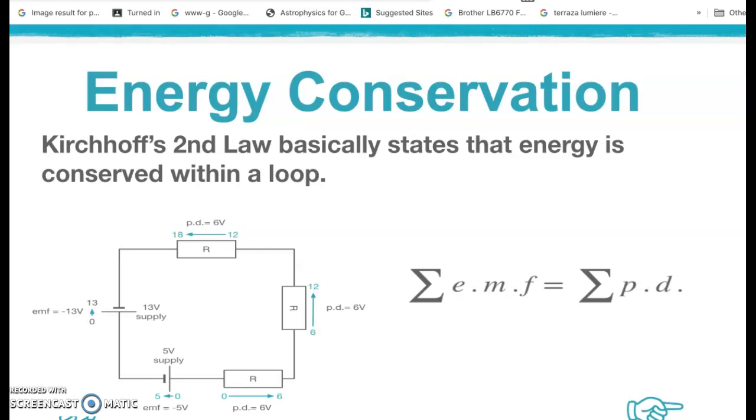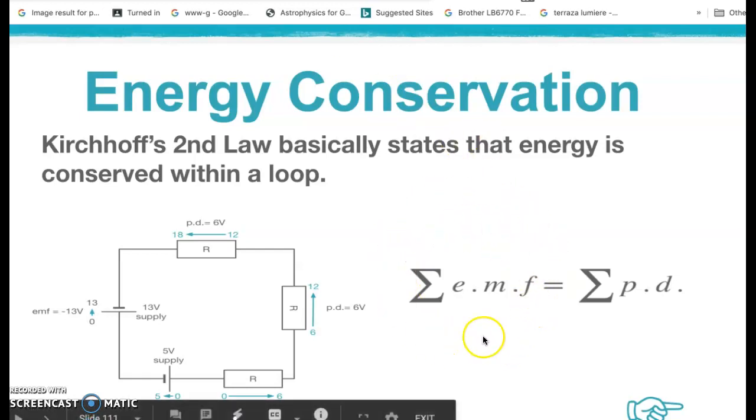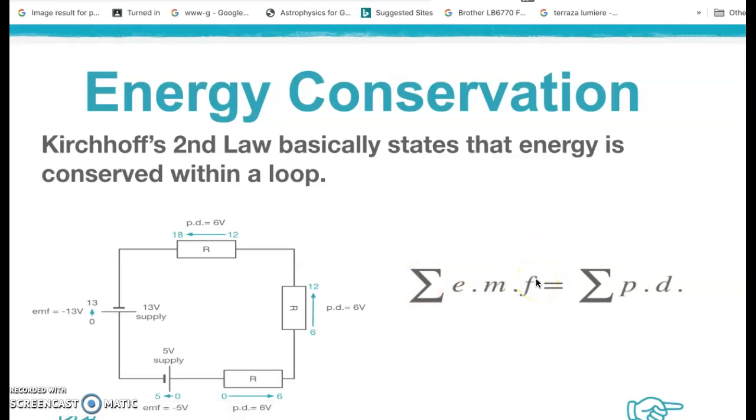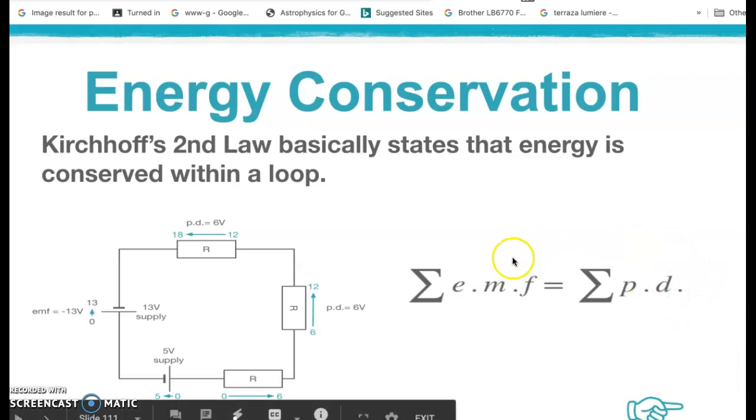So let's go on to Kirchhoff's second law, which basically states that energy is conserved within a loop. Right, so we've moved from junctions now to loops. For any given loop, the energy coming in to the circuit, which we refer to as the electromotive force, the EMF, is equal to the energy coming out of the circuit, which we refer to as the potential difference.